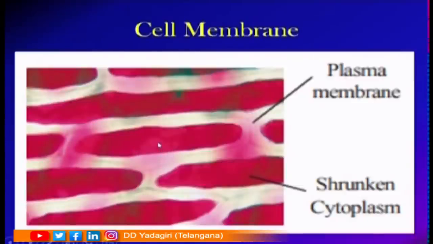The liquid which is present within the cell has moved out, thereby the cell shrinks. As the cell shrinks, the cell membrane, attached to the cell organelles, also moves in. And we can very clearly notice here, this is the plasma membrane and this all is the shrunken cytoplasm.